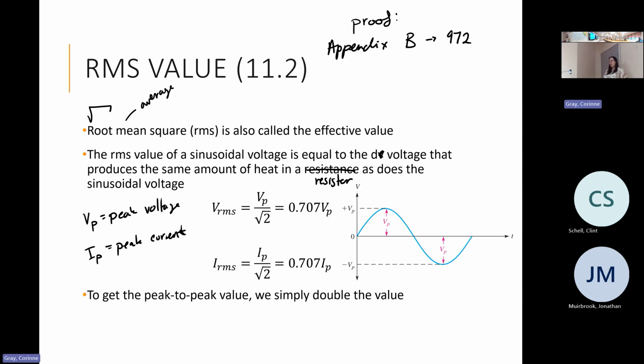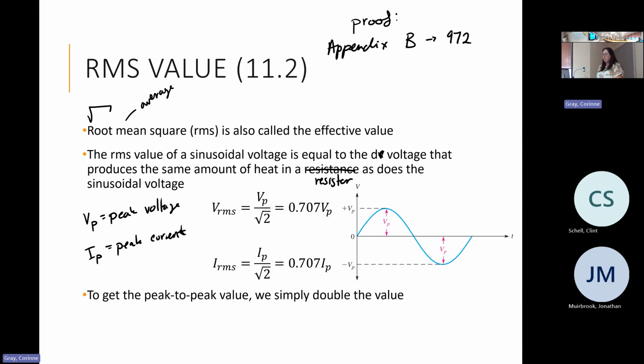Any questions about RMS, or again, root mean square values? Yes. So that makes peak to peak would be 1.4. Yep. Okay. Trying to remember what the textbook uses for its rounding.